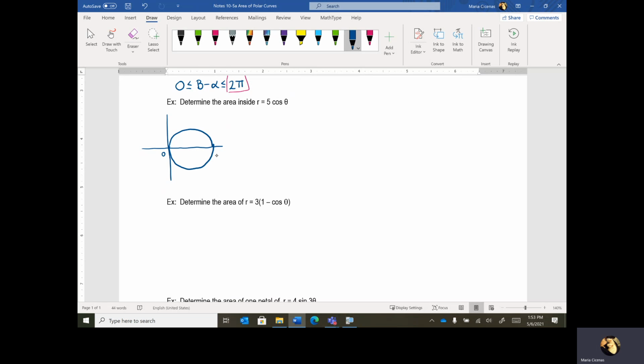Well, actually, let's think of what these ordered pairs actually are. So where does a circle start? If I substitute in 0, cosine at 0 is 1, so I'd have 5. So here's the starting point, (0, 5). We start here on the graph.